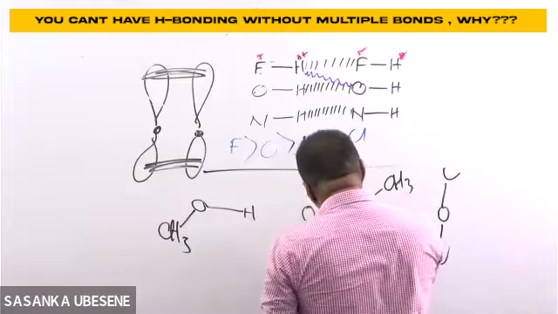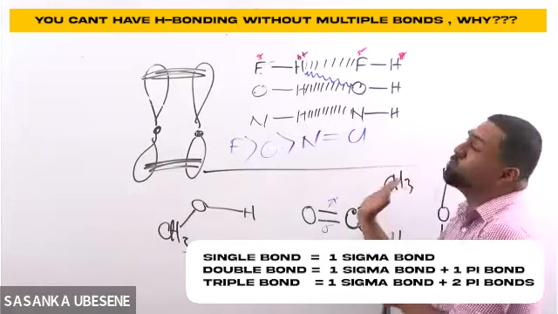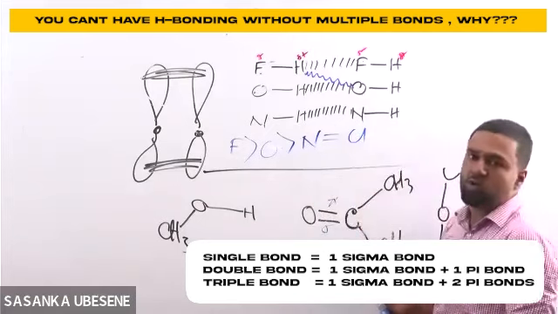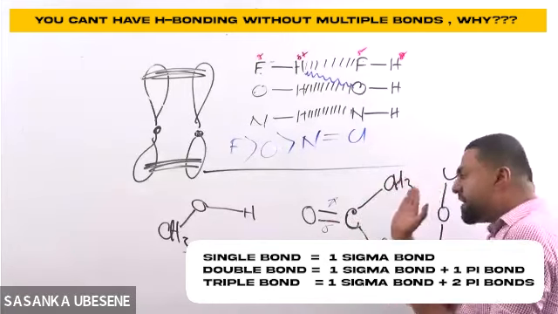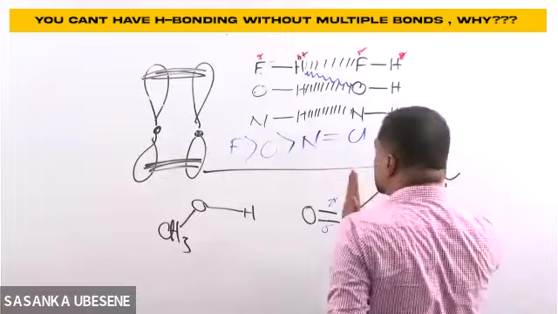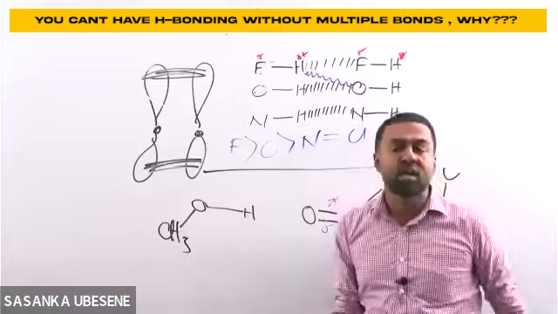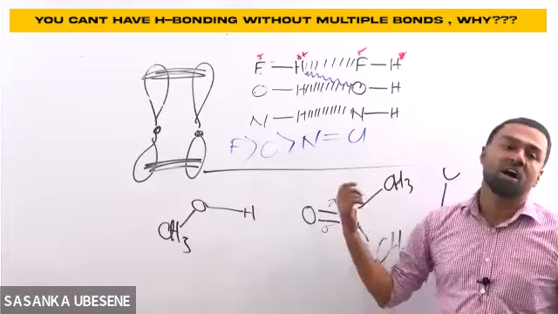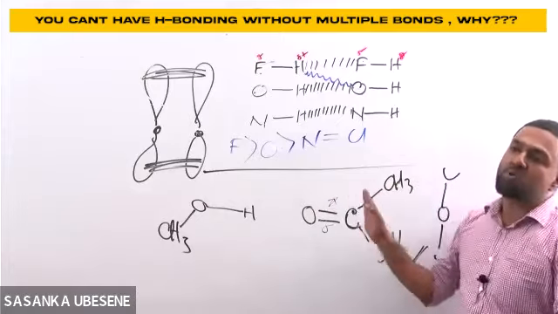Then you have greater electron density on the oxygen atom, because it is easy to polarize the electron cloud towards the oxygen atom, since oxygen is more electronegative. So there is a greater polarization of the pi electron cloud of the carbon oxygen double bond.